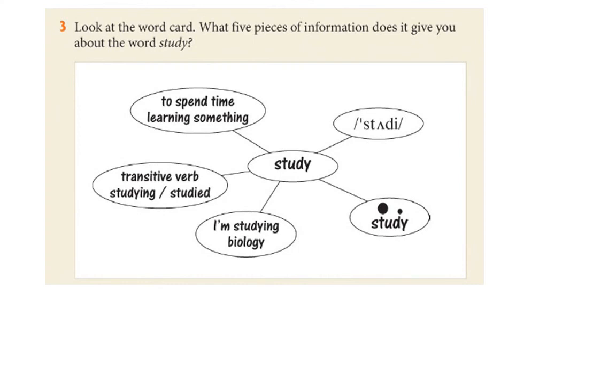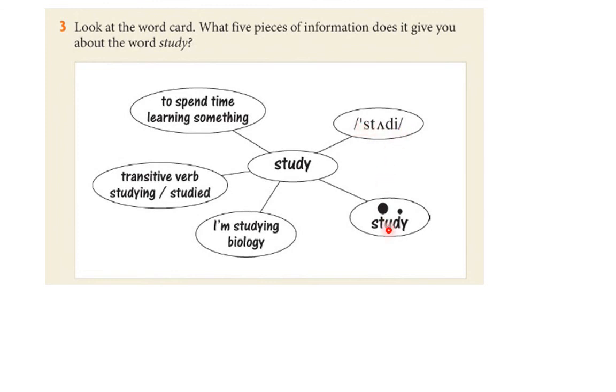In exercise 3, look at the word card. What 5 pieces of information does it give you about the word study? This is an example of a word card. We have the word study, and from the dictionary you can get information regarding the pronunciation.